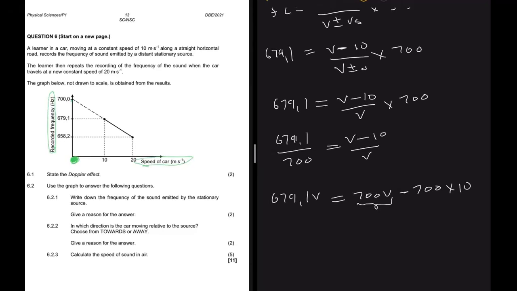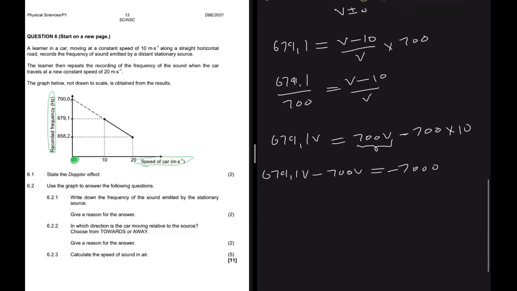Take this value to the left hand side. I get 679.1 V minus 700 V equals minus 7,000, right? Yeah, there we have it.